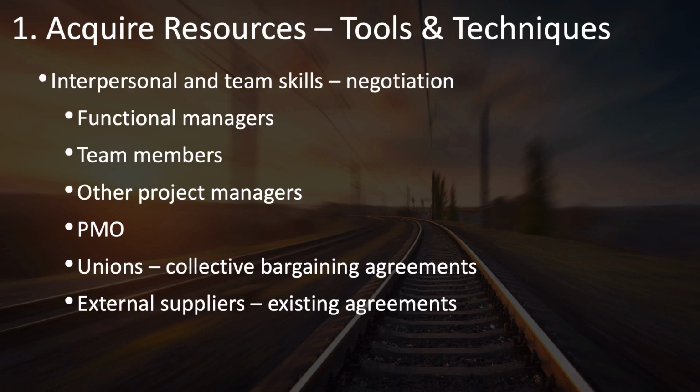If you have unions involved with collective bargaining agreements, you'll need to work with them and within the terms of those agreements. And you may also have already existing relationships with external suppliers that you can work with. It also helps to have a network of friends and acquaintances that you can draw upon when you need resources.